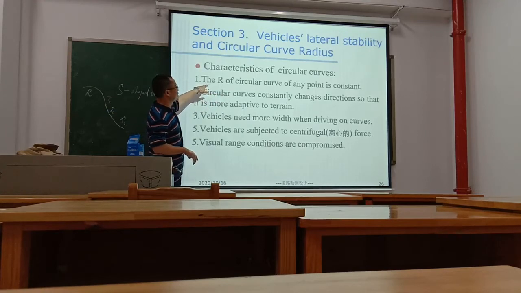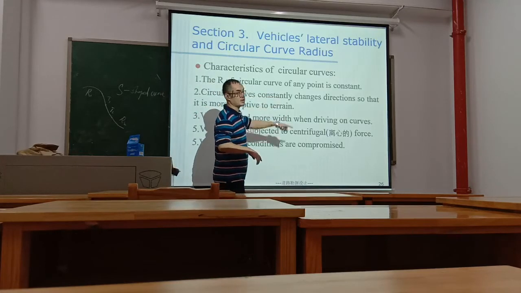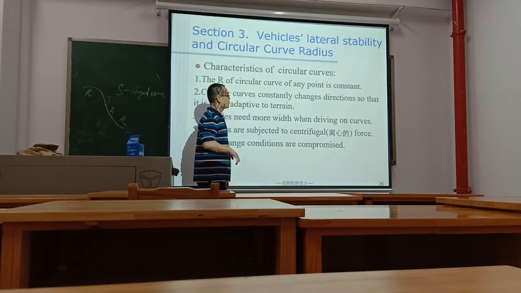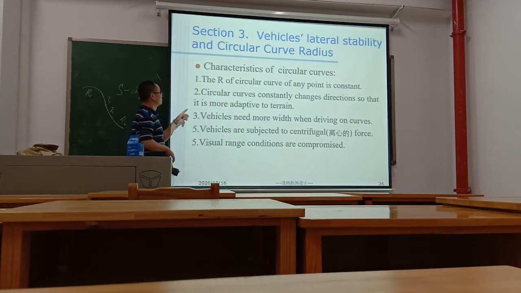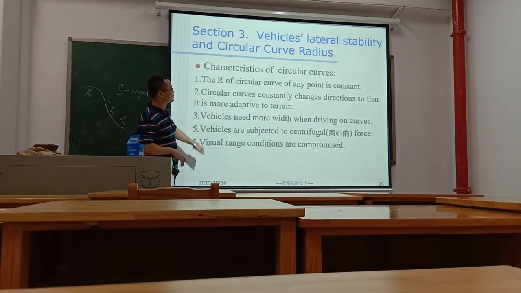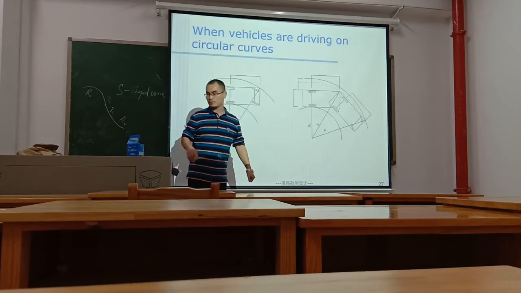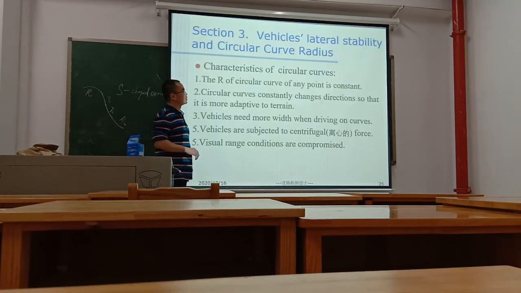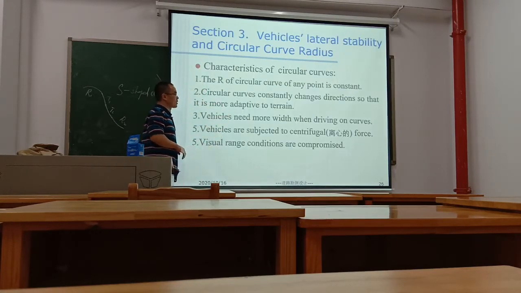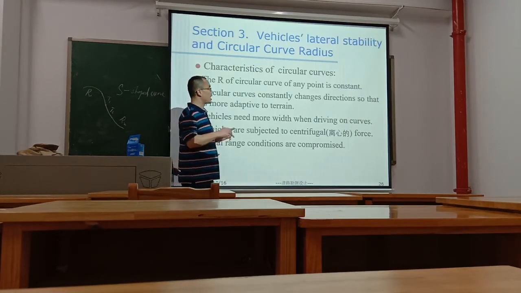The radius R of a circular curve at any point is constant. 2. A circular curve constantly changes direction, so it is more adaptive to terrain. 3. Vehicles need more width when driving on curves.